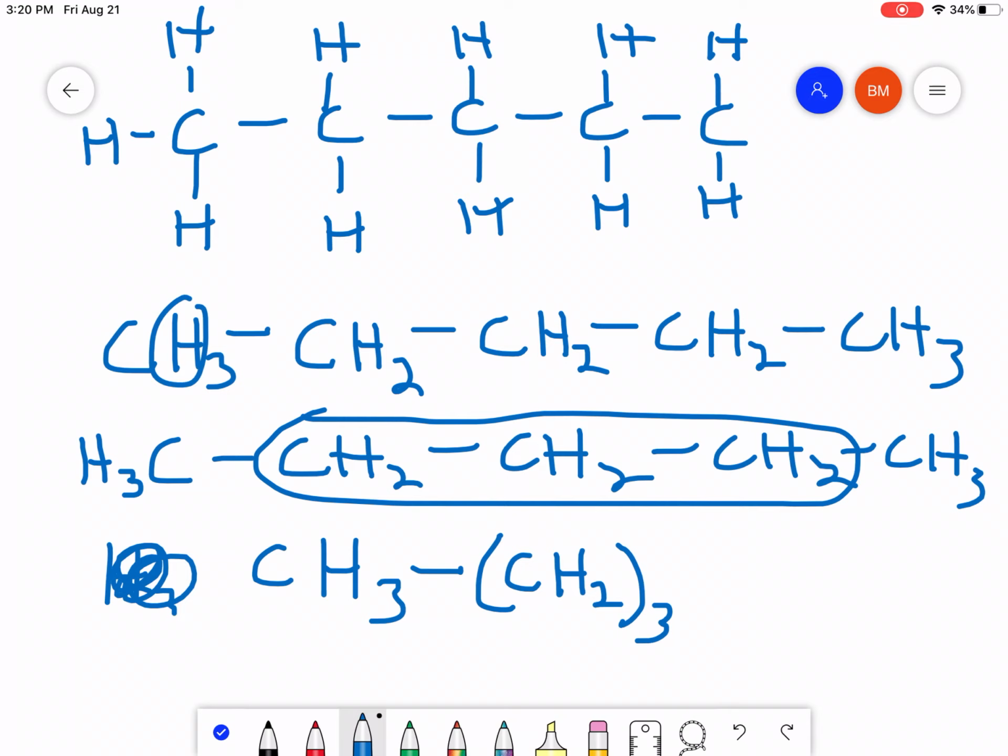If you write it like this, this implies that you have CH2, CH2, CH2. All right, and then boom, we have our CH3 on the end. Any of these would be perfectly acceptable condensed structures.